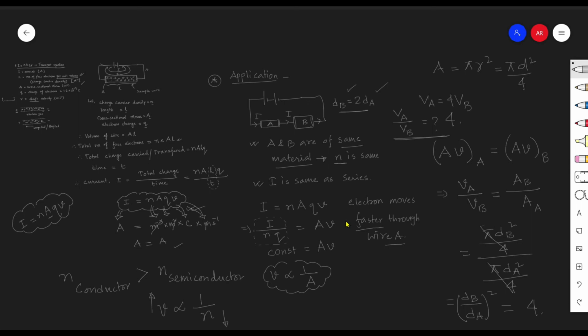And quantitatively, how to find out the ratio of the drift velocity if some certain dimension is given, that wire B is this much of wire A or vice versa. And if the two wires are not made up of the same material but they are of the same cross-sectional area, then through which wire will electron be moving faster? You'll always find that in the wire that has lower charge carrier density, electron will be moving faster.